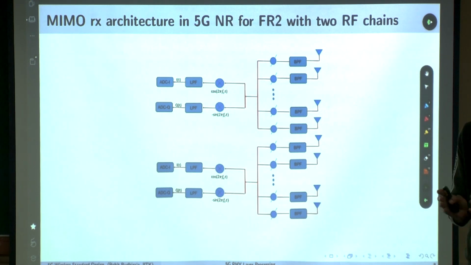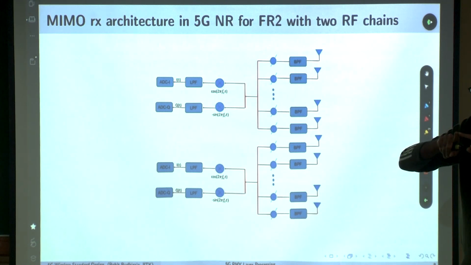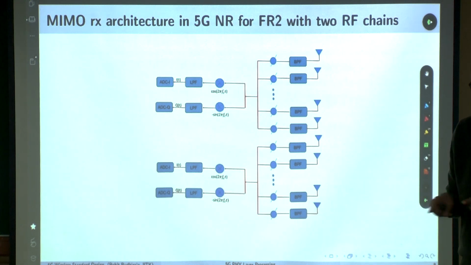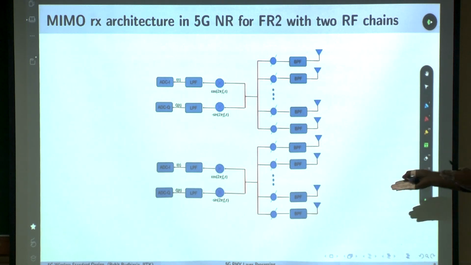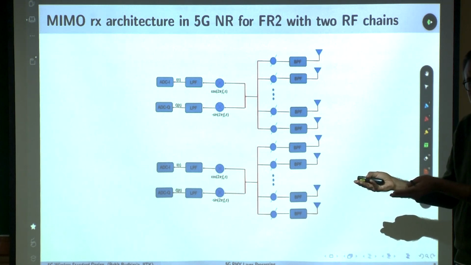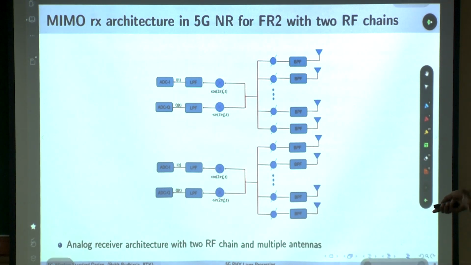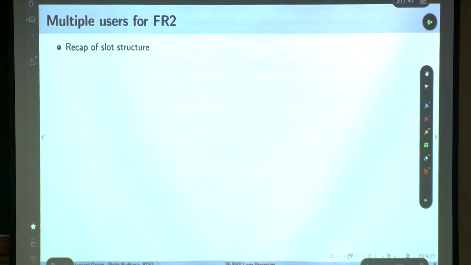Not in a typical normal mobile system, but if your device has a large dimension, then you could do this also. So that's how we are extending this simple analog architecture to something called a hybrid architecture, with two RF chains and multiple antennas.